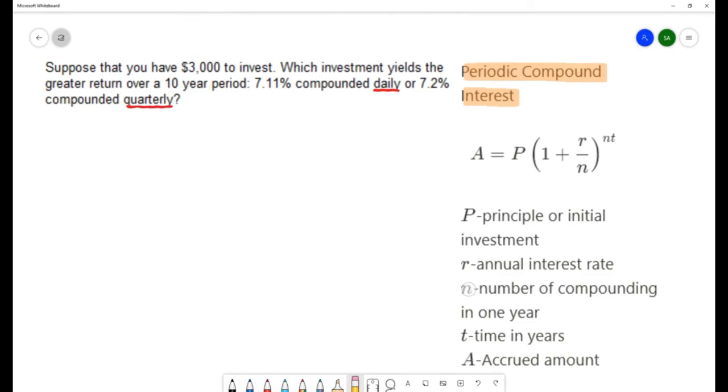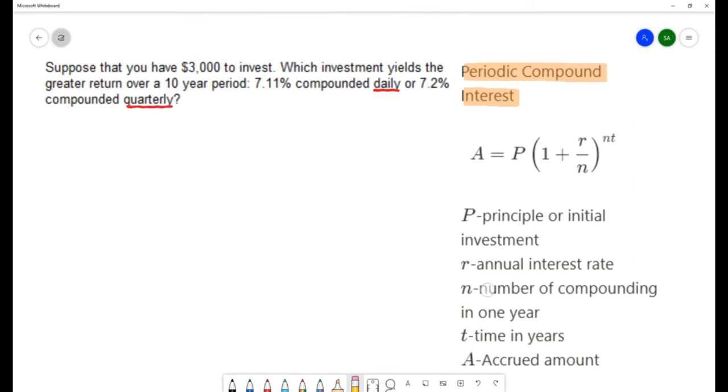n is the one that most people get confused about. n is the number of compoundings in 1 year. If you can relate it to having your own savings account, it might make a little sense to you. In your typical savings account, interest gets added into your account every month.